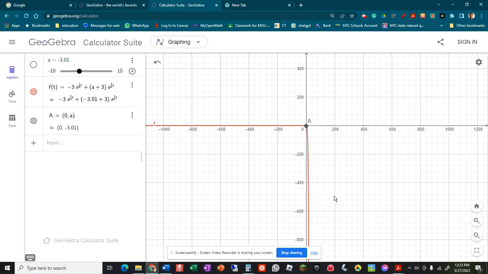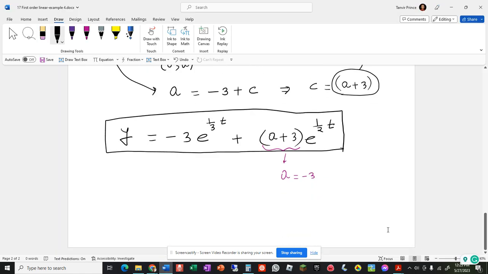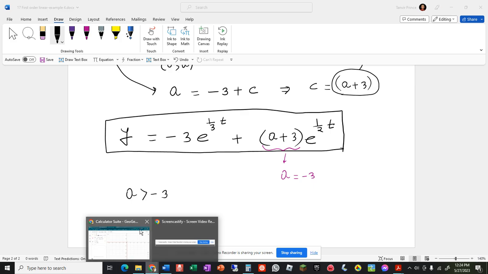So the critical value is a equal to -3. When a is bigger than -3, the graph will eventually come back above the x-axis.